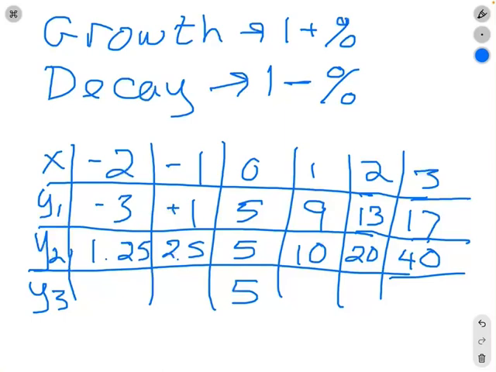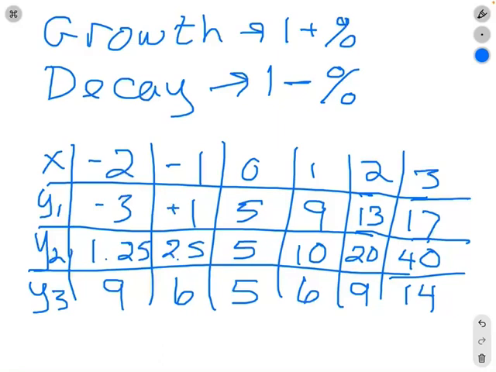And for this one, we are going to have 5, 6, 9, 14, 6, and 9. Okay, so we want to know if these are linear, exponential, or neither.